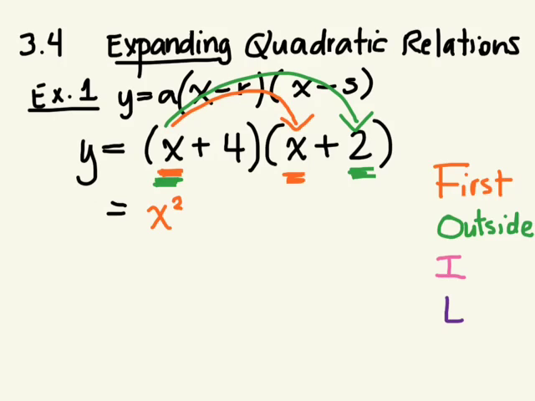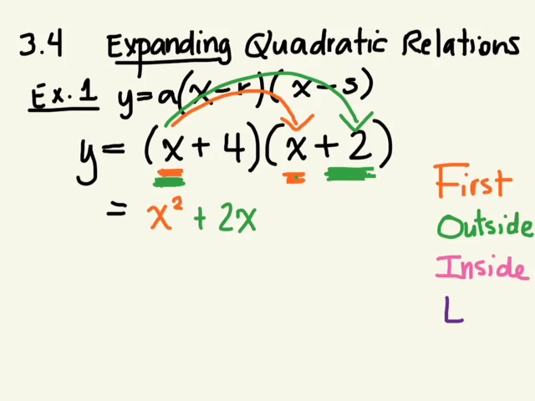You've done this in grade 9. You're distributing, basically we're distributing the first term. We're multiplying it by each term inside the second bracket, right? We multiplied x times x, and now we're multiplying x times positive 2. What's positive 2 times x? Positive 2x. Good.